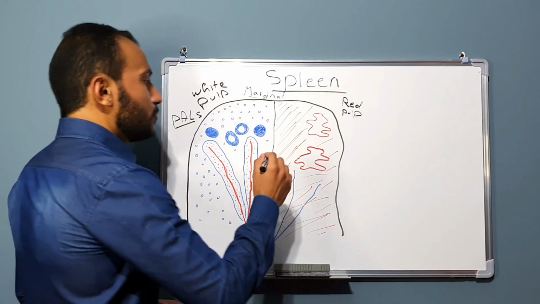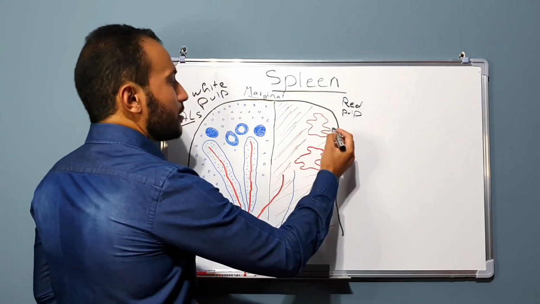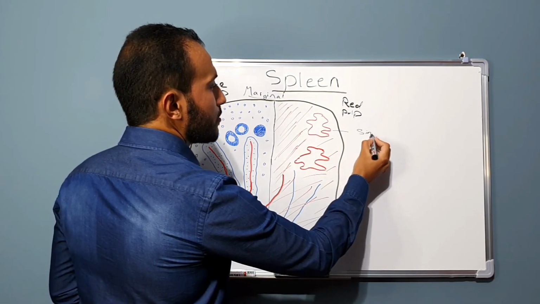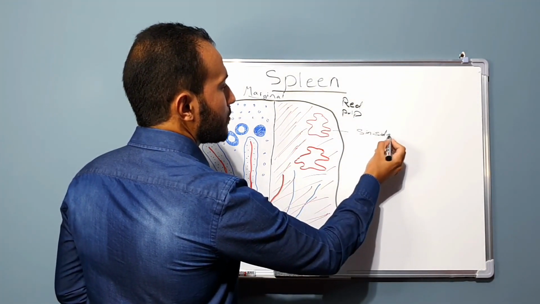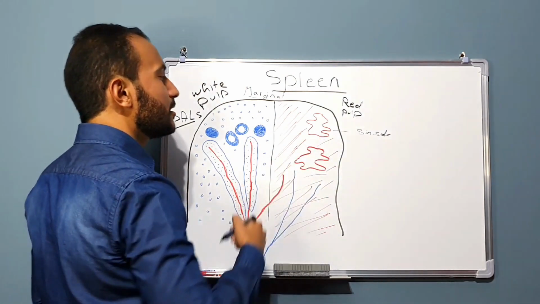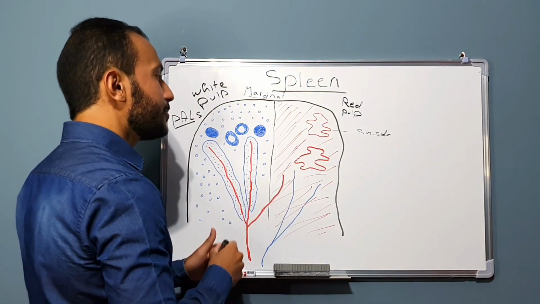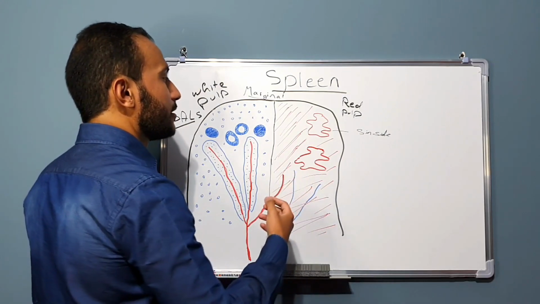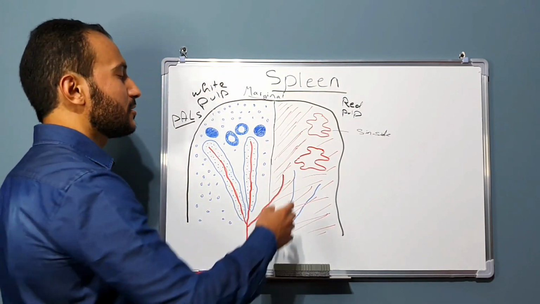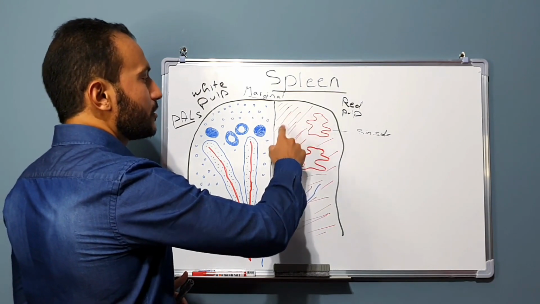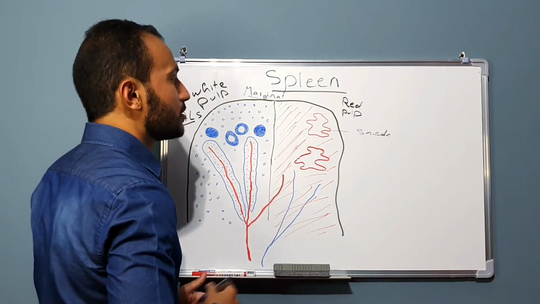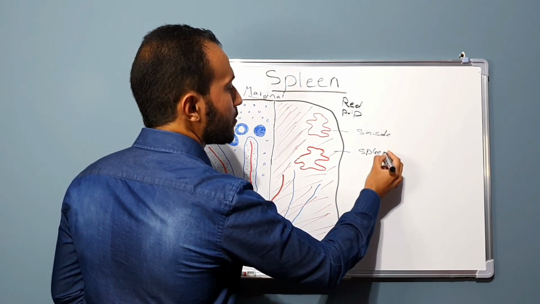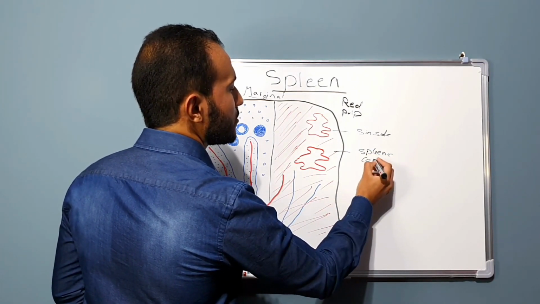So it consists of two things: the splenic sinusoids, these splenic sinusoids are open. This means that they allow all the blood elements to pass through them to be filtered in this structure which is called the splenic cords.